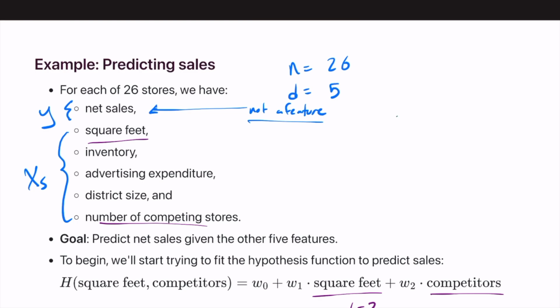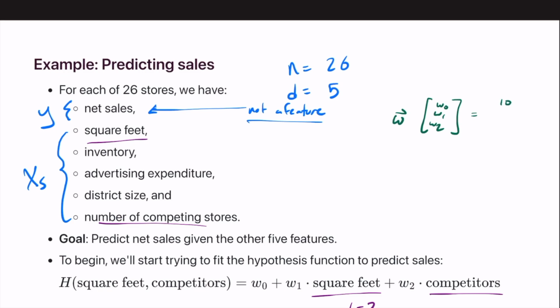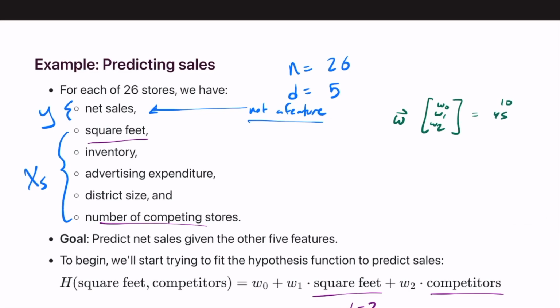So we have our parameter vector, which is W naught, W sub 1, and W sub 2. Let's say this is equal to 10, then maybe square feet could be something like 45, and competitors could be something like 0.012. This is what we found our W vector to be by solving the normal equations.